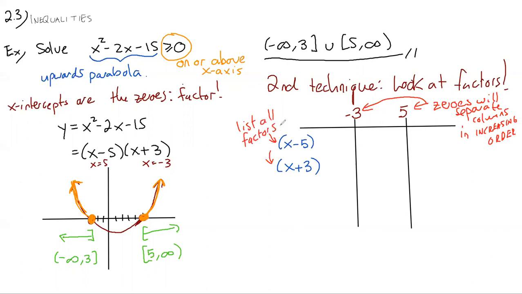And then what I can do is basically just see what the behavior of these factors are, just with regards to whether they're positive or whether they're negative in these regions. So the regions that would be broken up here, this section here is going to represent everything less than -3.